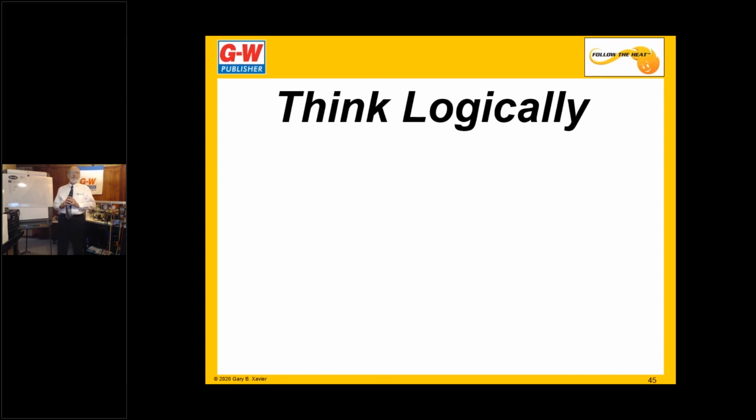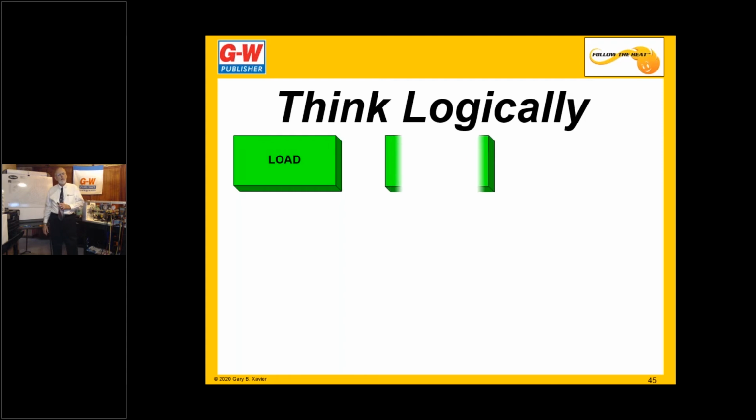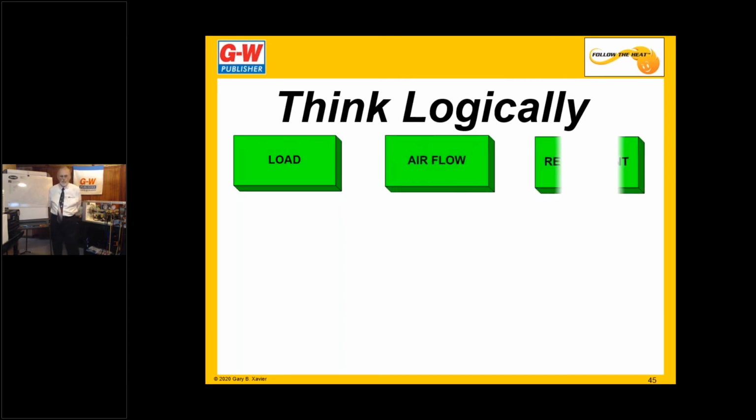Well, when I would see ice on an evaporator that didn't belong on an evaporator, I always thought of it as low pressure. And what could cause that low pressure? There are three categories that I came up with that could cause low pressure in an evaporator: load, airflow, and refrigerant.